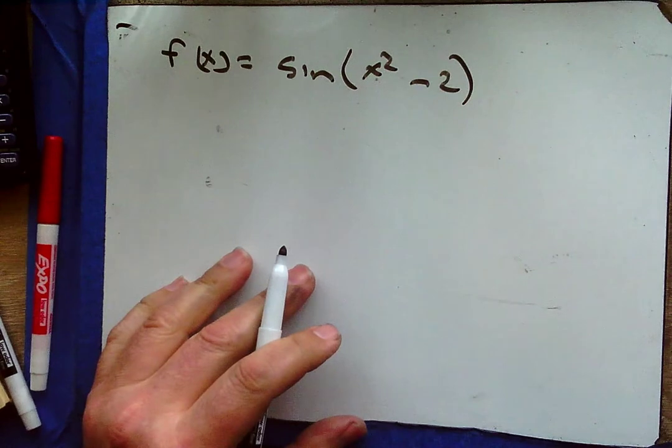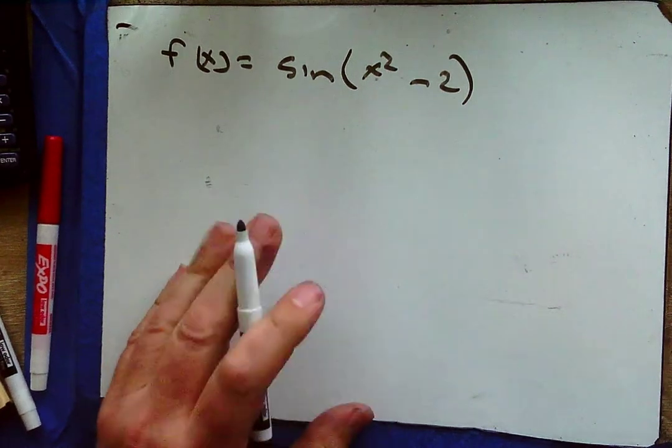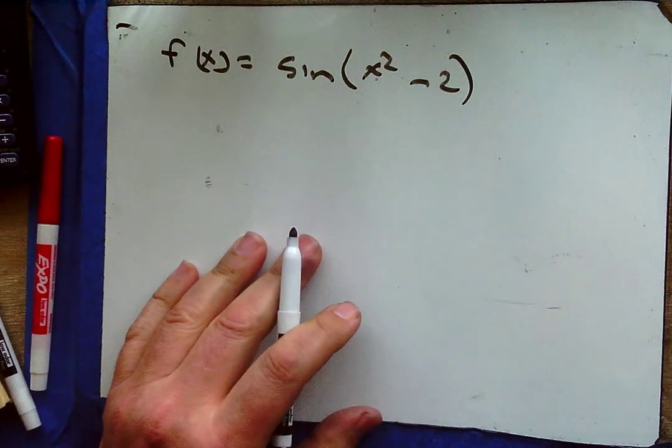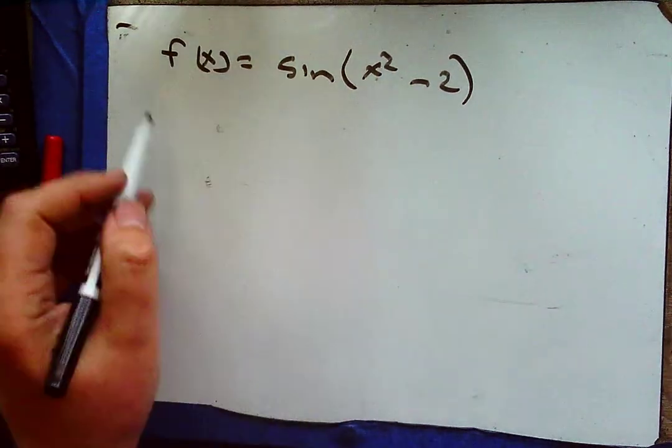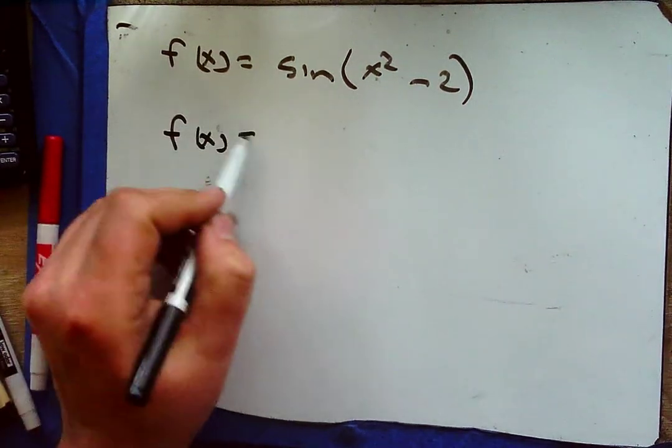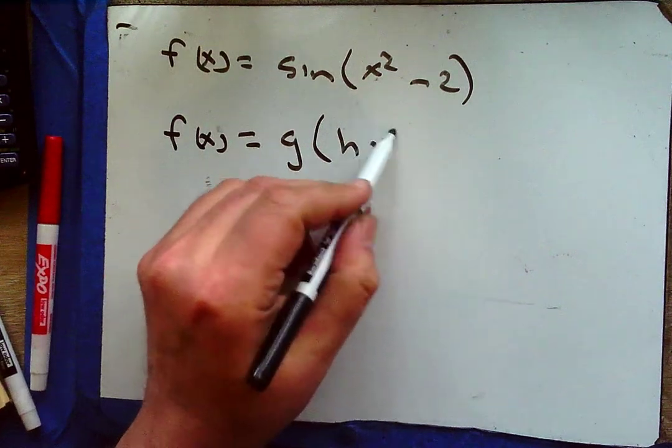Well, this is theorem 7. Remember, f of x equals g of h of x.